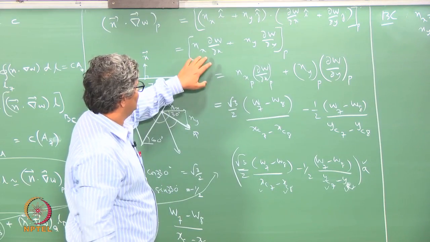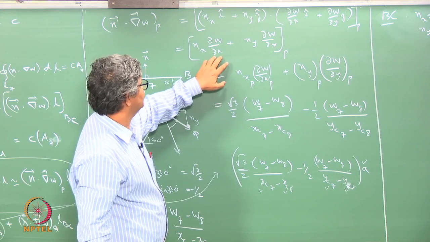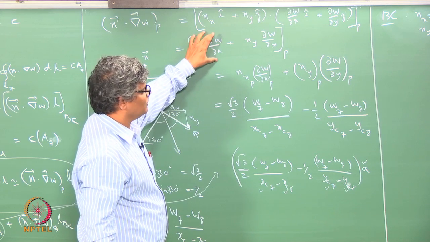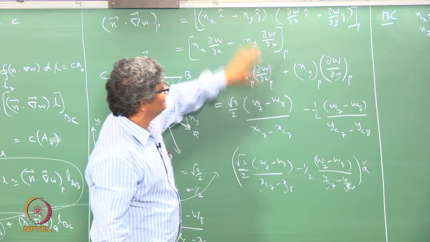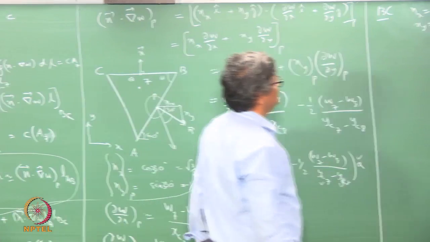And if you look at this expression here, we are multiplying Nx times dou W by dou x. If Nx is 0, it does not matter what this dou W by dou x is, we do not need to evaluate this. So we only need to evaluate Ny dou W by dou y.